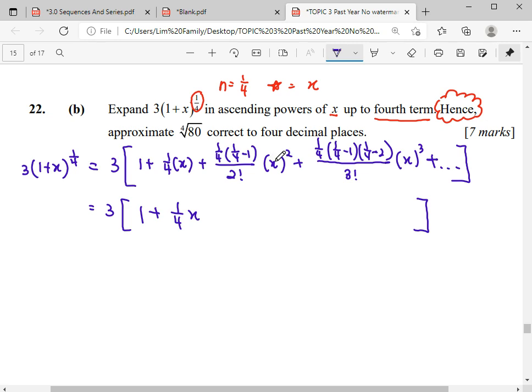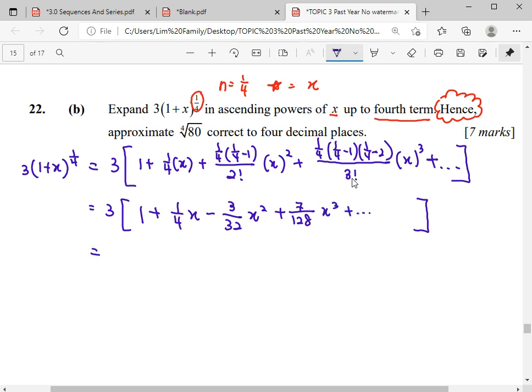Sometimes we have 2x, so we would square the 2, but here it is 1 squared, so 1 squared has no effect. This gives negative 3 over 32 x squared. Then press again for this part, and you get 7 over 128 x cubed, and so on.